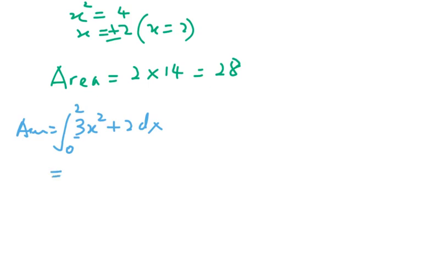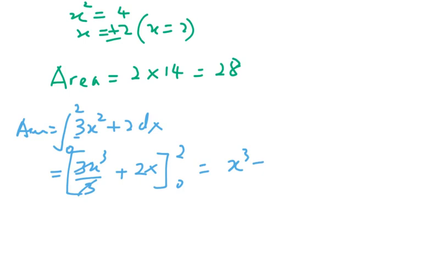So getting the correct integral, 3x cubed over 3 plus 2x, putting the correct limits. Simplify, and you will be getting x cubed plus 2x with the limits of 0 to 2. Substituting the values in the equation, you will be getting 2 to the power of 3 plus 2 times 2.